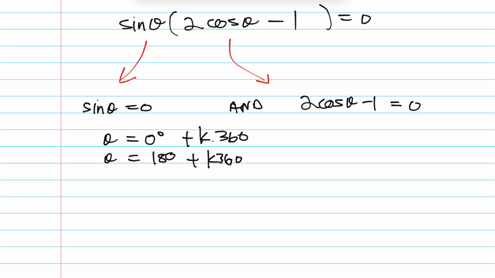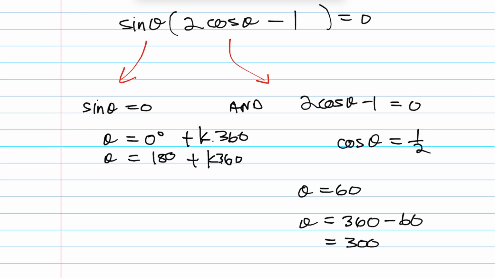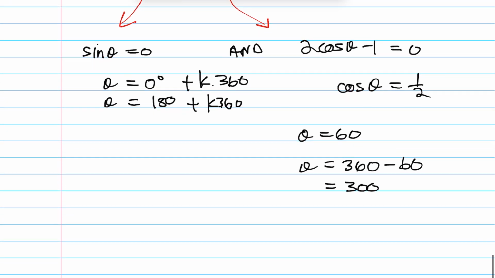Solving cos here should give us a reference angle of 60 degrees. Then since cos is also positive in the fourth quadrant, we have to do 360 minus 60, and that gives us an answer of 300 degrees. You can see how I've sort of skipped steps here towards the end, because I'm trusting that hopefully you got the pattern as we've done the previous examples.